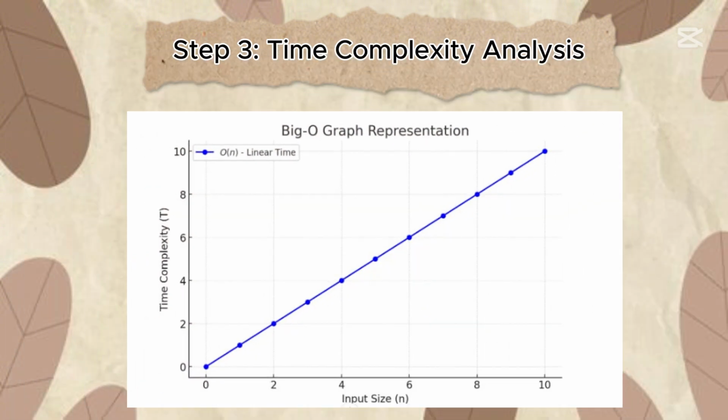Next, step 3, the time complexity analysis. Now let's analyze the worst case performance of our algorithm. In the Big O graph representation, the x-axis represents the number of elements n, the y-axis represents the time taken by the algorithm, and the highlighted O(n) line shows a straight increasing pattern, meaning execution time grows linearly with n.